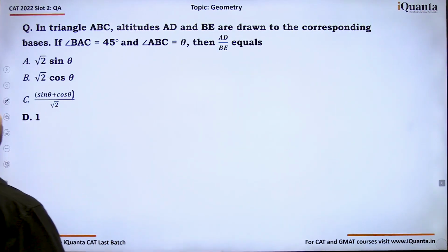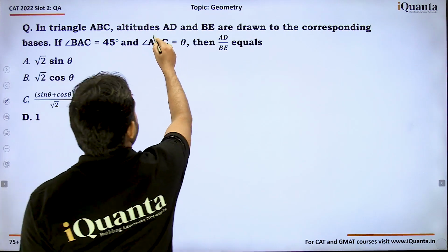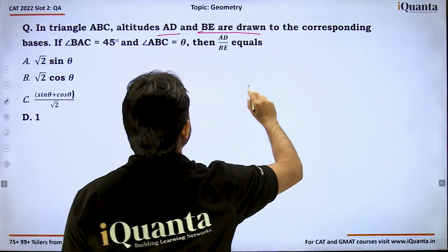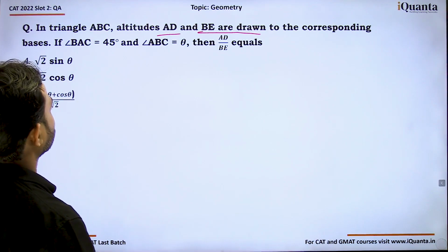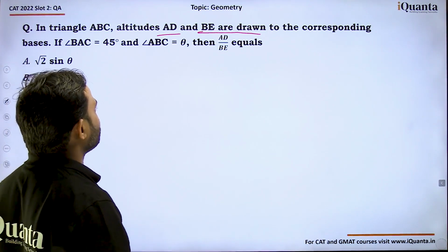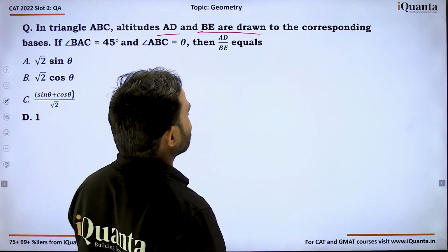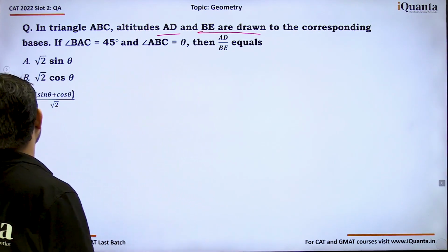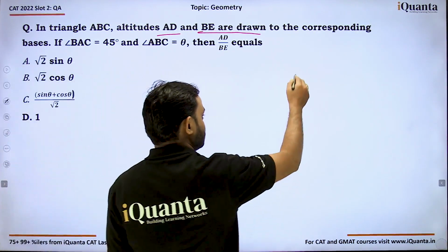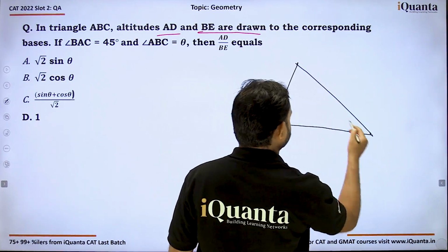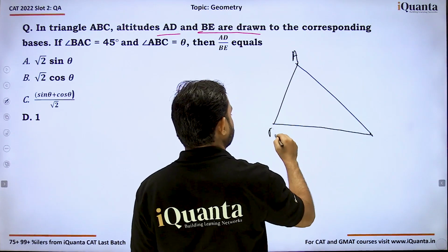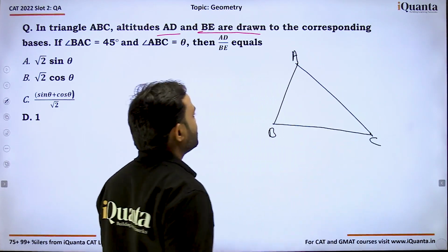Next question is based on triangles. It says in triangle ABC, altitudes AD and BE are drawn to the corresponding bases. If angle BAC is equal to 45 degree and angle ABC is equal to theta, then AD upon BE equals. So let's draw a triangle ABC.